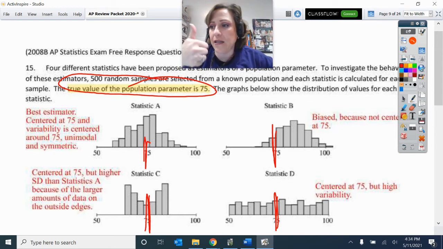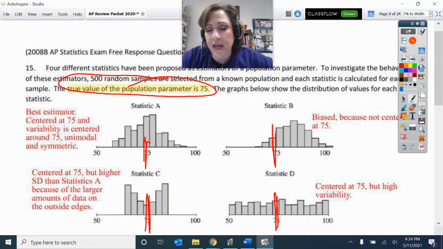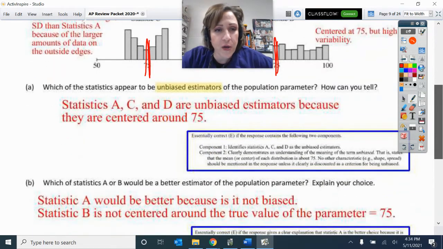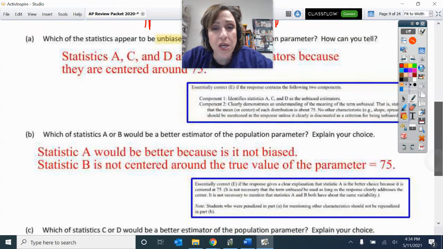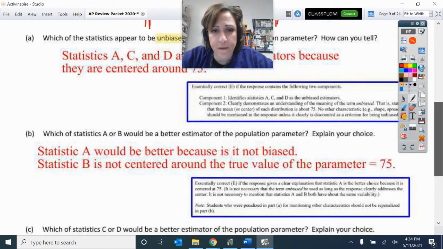Maybe they had response bias, all those different things that could cause bias that we talk about: voluntary response bias, lack of privacy, lots of different reasons that your parameter could be estimated too high. They were volunteers. These were adults who liked physical fitness, so they were overestimating, and so on. So statistics A, C, and D are unbiased estimators because they are the ones centered at 75. And you had to state both of those, which ones and why, to get full credit there.